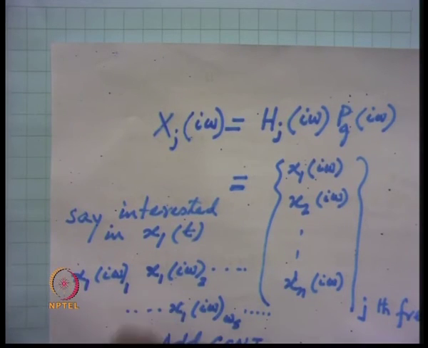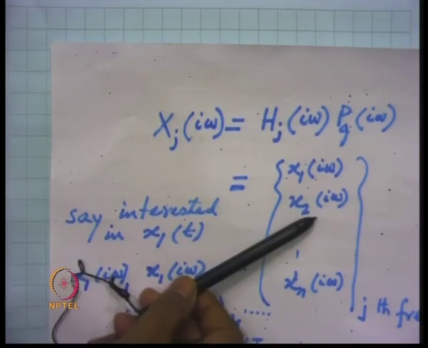So, that way one can get the responses for all the n degrees of freedom. That is how one can obtain the response of a multi-degree of freedom system using FFT and the frequency response function matrix.